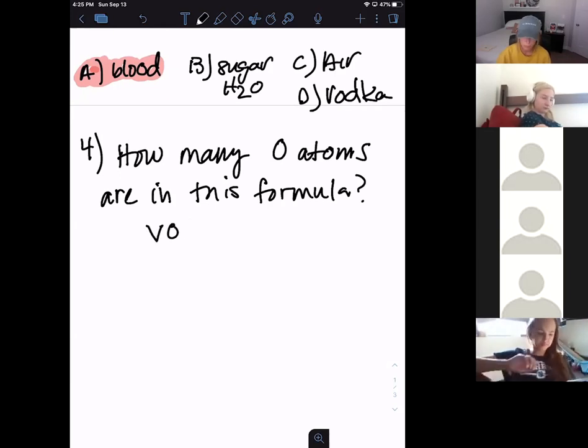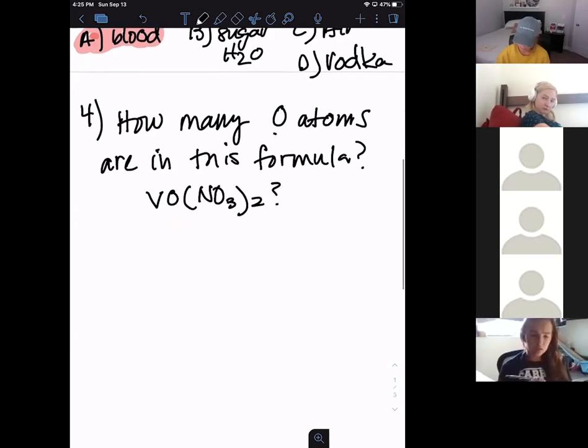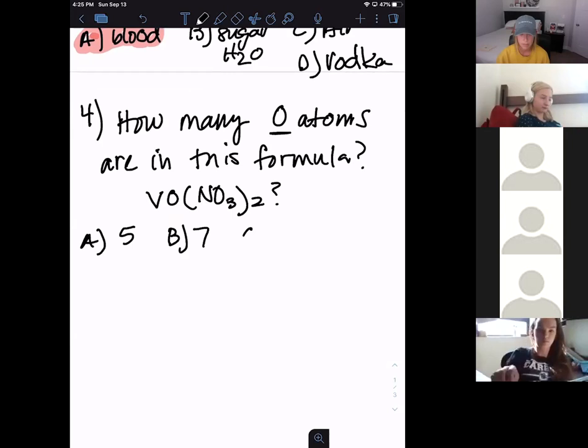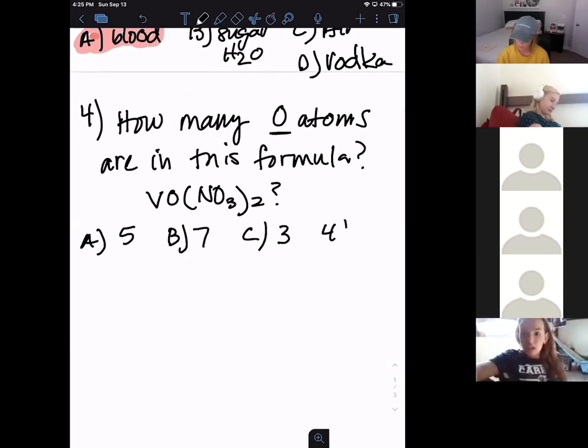V, O, NO3, 2. The choices are 5, 7, 3, or 4. So how many O atoms are in this empirical formula?